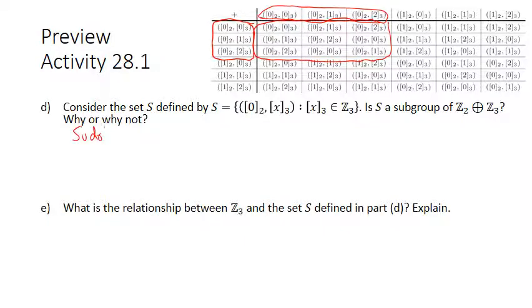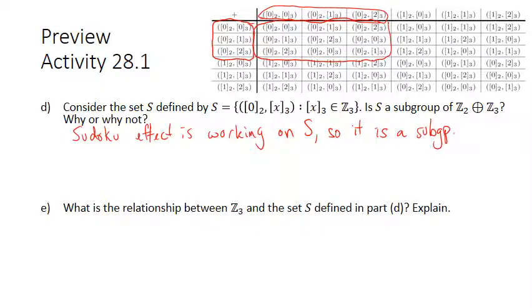It does appear to me like the Sudoku effect is working on S. So that will be a subgroup. Yep, so that's my explanation. The Sudoku effect working means that it'll be closed.